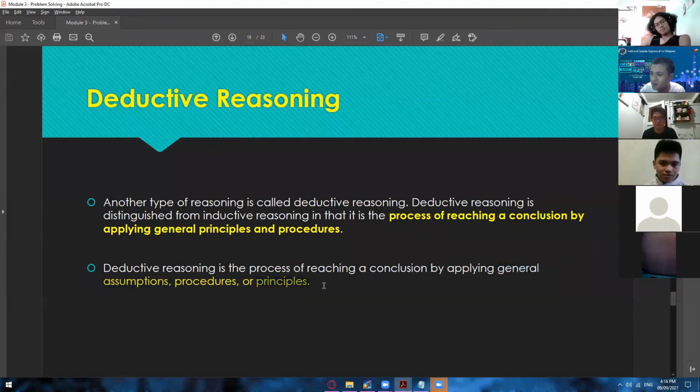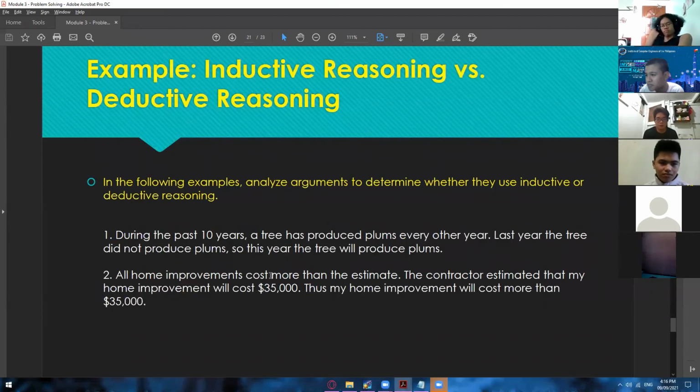But then again, we must apply these procedures. So what is that procedure, and what is that principle? It is this idea right here: the principle that all home improvements cost more than the estimate, which came from another household.